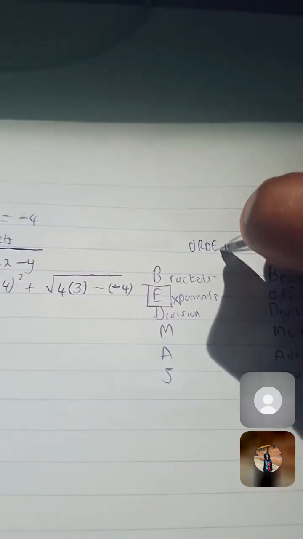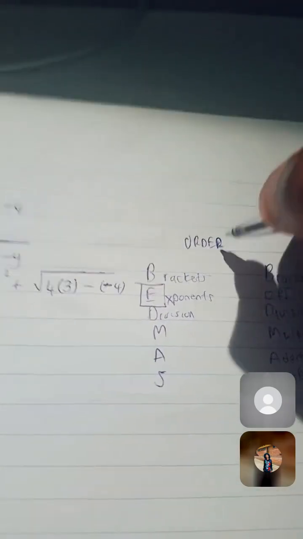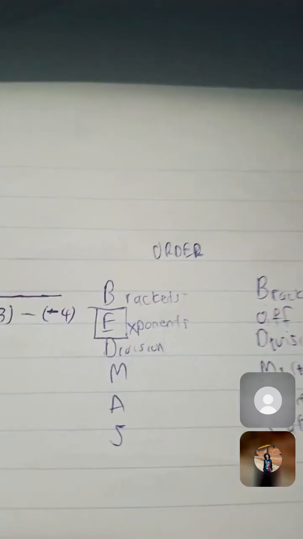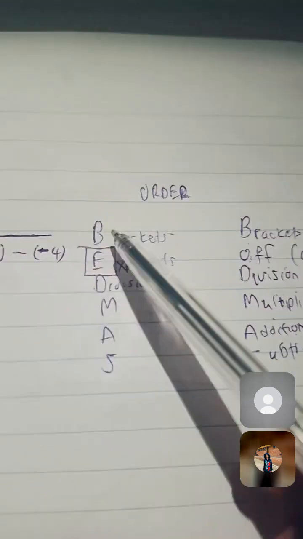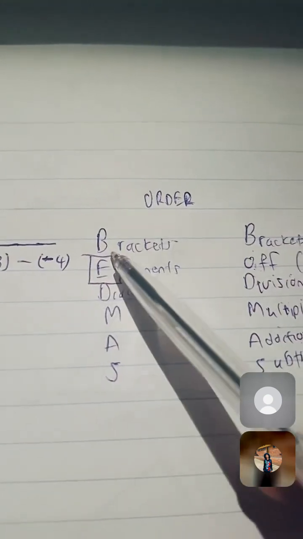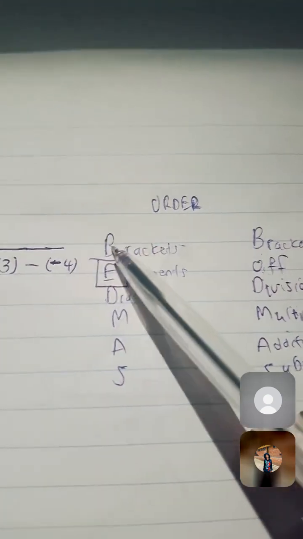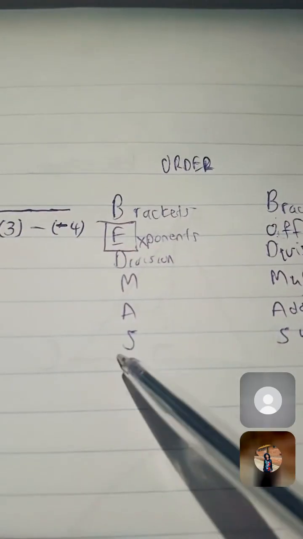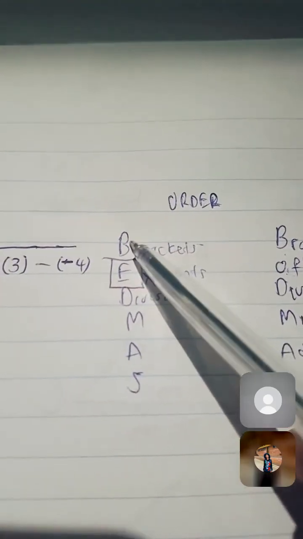Now, what is this bird mass, bed mass all about? It's about the order in which we are able to simplify an expression with many aspects to it, like brackets, exponents, division, multiplication, addition, and subtraction. We don't just start at the bottom here with subtraction. No, we always start with brackets.